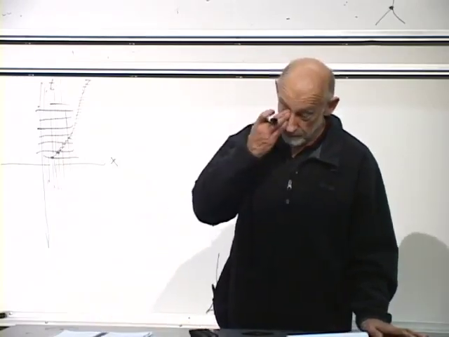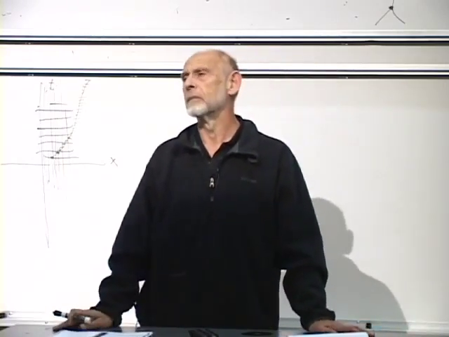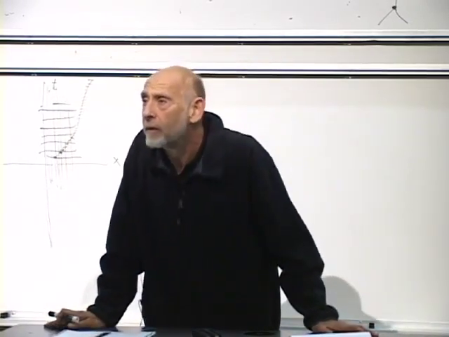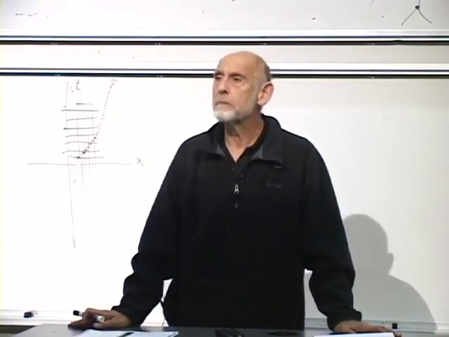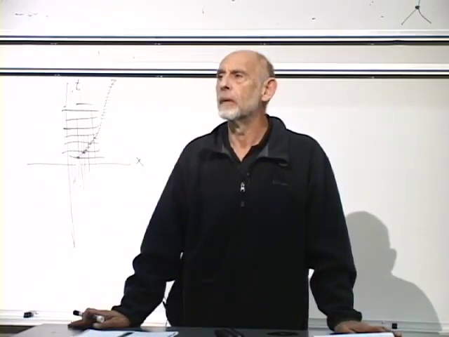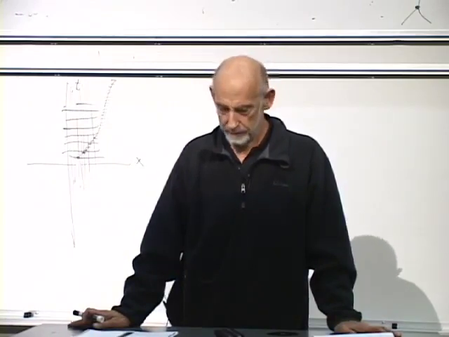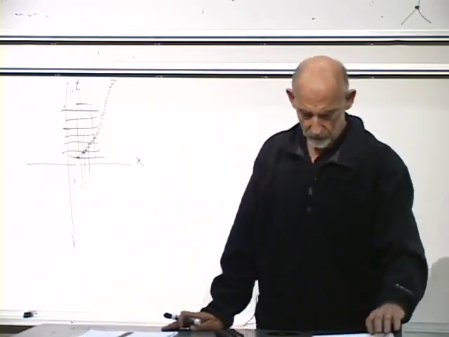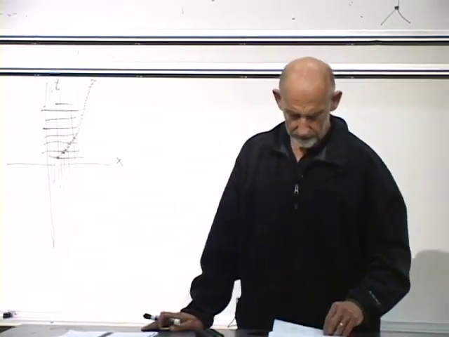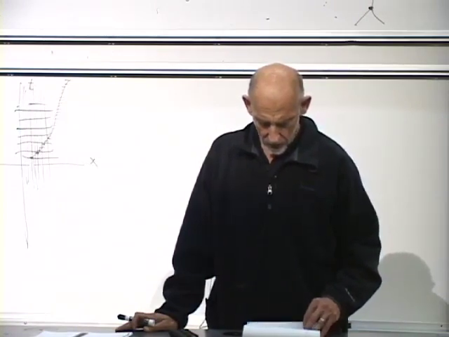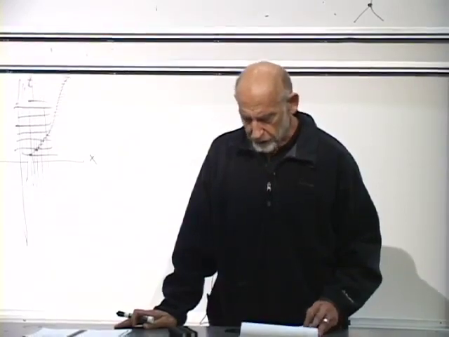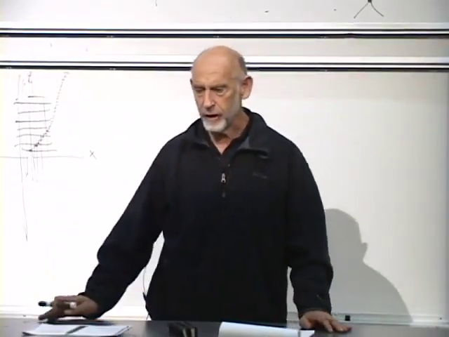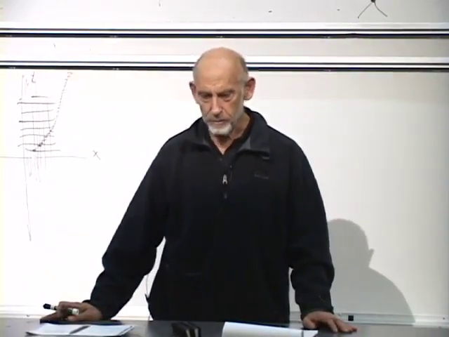What is the connection between the creation and annihilation operators in the field and the classical quantum mechanics operators of position and momentum, and the Heisenberg uncertainty? The connection between creation and annihilation and Heisenberg uncertainty.